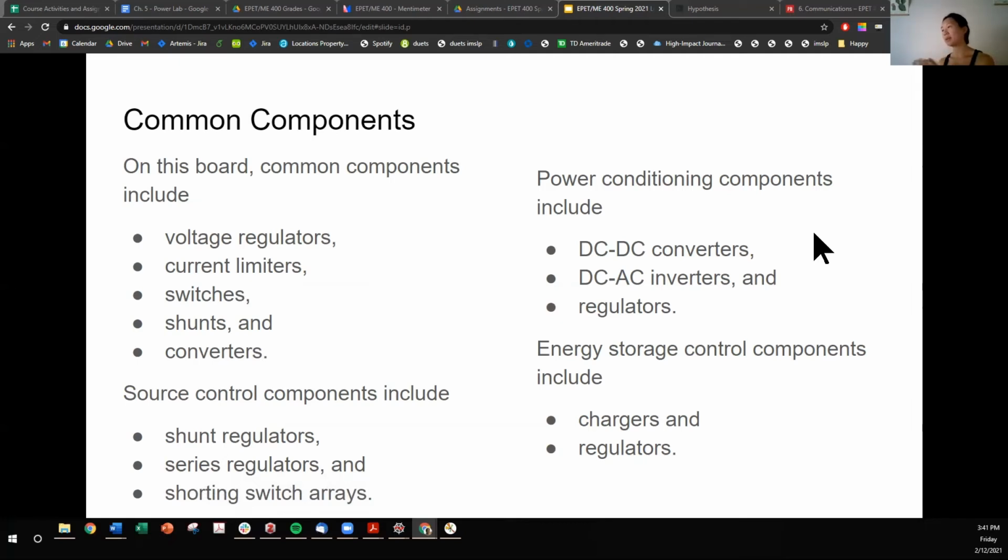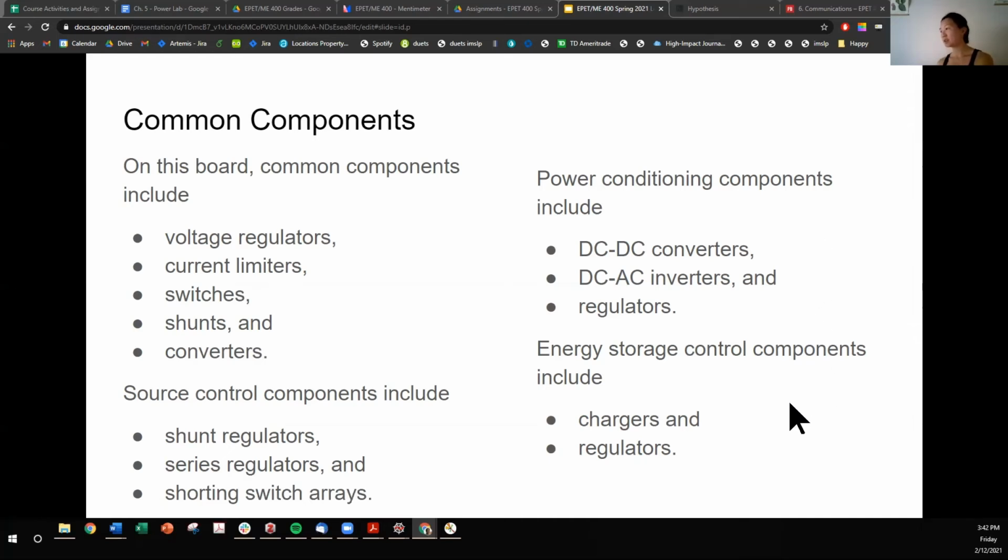You can go from a DC voltage to an AC voltage. DC stands for direct current and AC for alternating current. Sorry, so DC to AC changes the way that current is applied. And then we've got regulators, voltage or current.